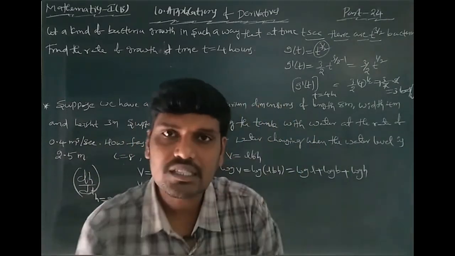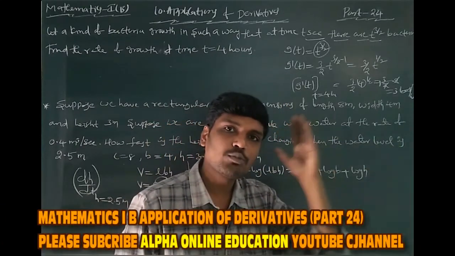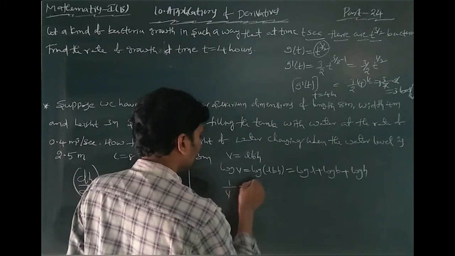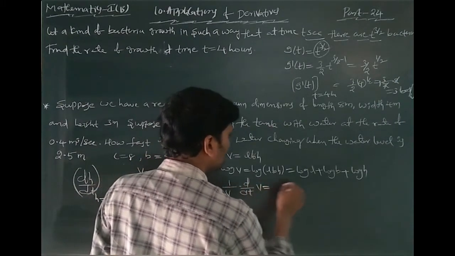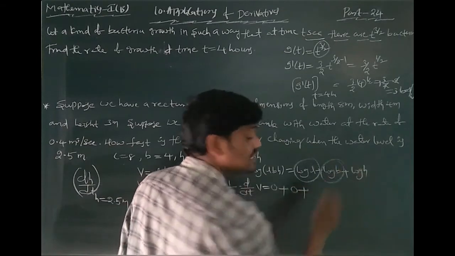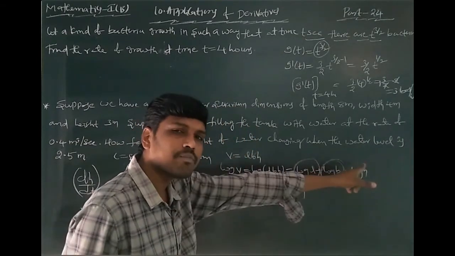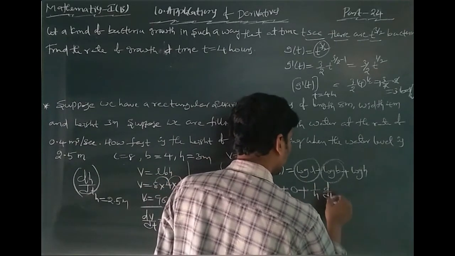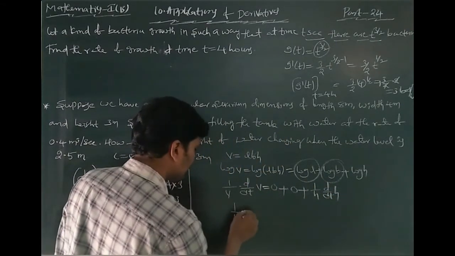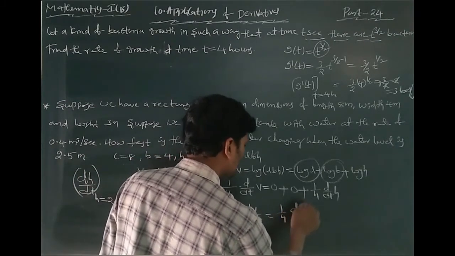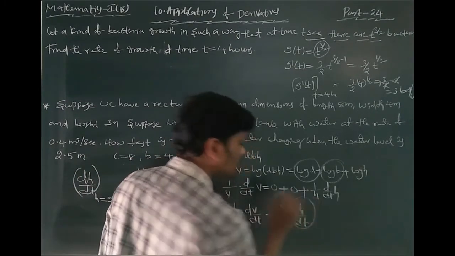Length is fixed and breadth, width also fixed, just height is changed. That's why you can write the derivative: 1 by V into d by dt of V equals constant derivative 0, constant derivative 0. This is not constant, this is a variable. That's why you can write 1 by H into d by dt of H. So 1 by V into dV by dt equals 1 by H into dH by dt.